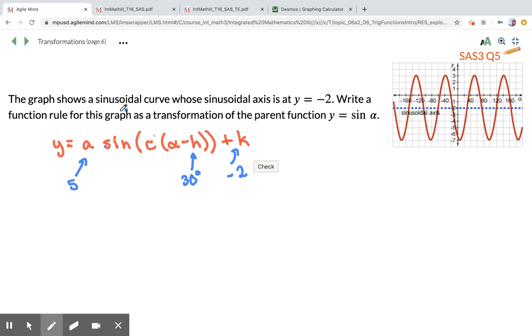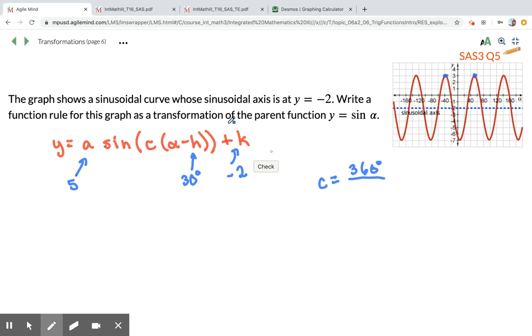So let's now play with c. That's a sine function, so we know the period should be 360 degrees, but it's not. Remember that we can find our c value by dividing 360 by the new period of my transformed function. I'm going to count tops to tops, I think that'll make it easier. It's counting by 20s, so 20, 40, 60, 80, didn't quite make it to 100.